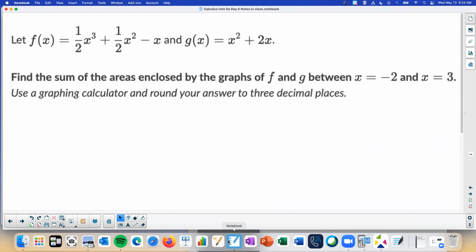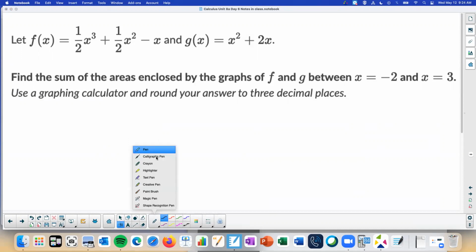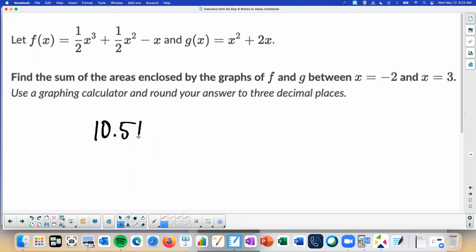Is this one a lot more difficult than the last one? What'd you get? $10.542. Oh, gotcha.